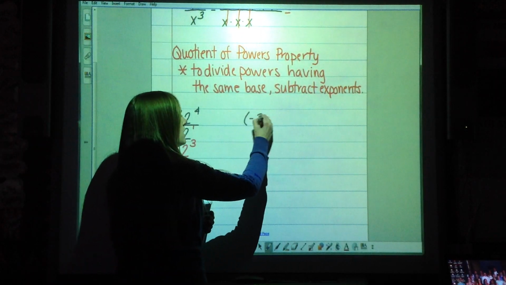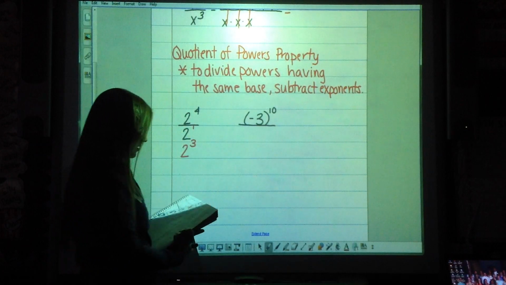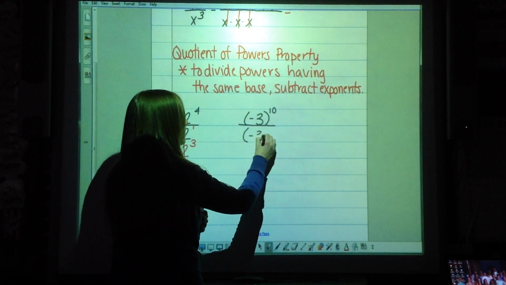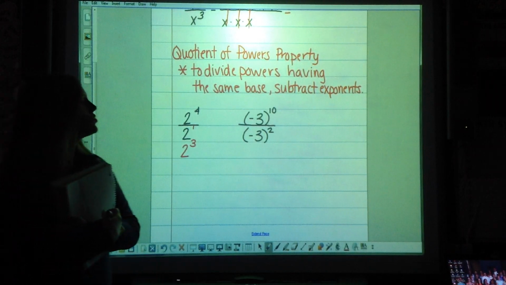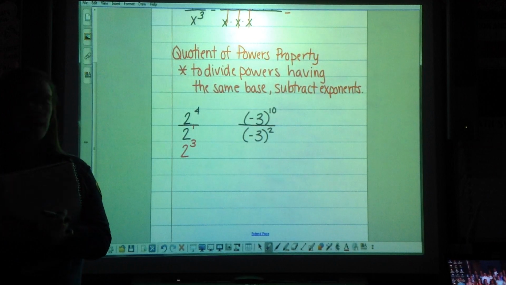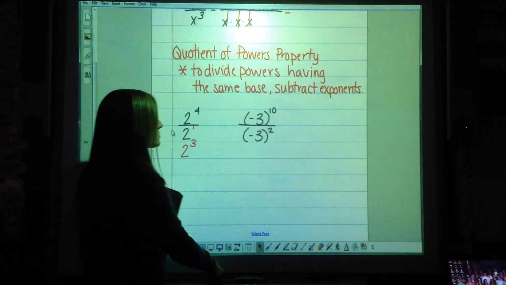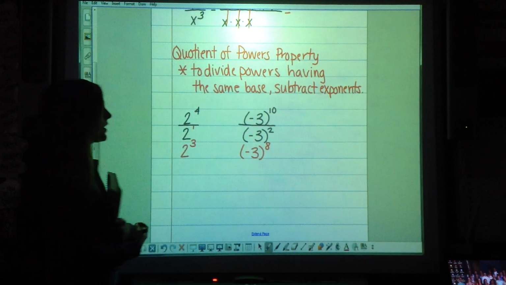We have -3 to the 10th power over -3 squared. Again, these 2 have the same base. They're dividing, so we're going to subtract their exponents. The base stays the same, and you subtract their exponents.